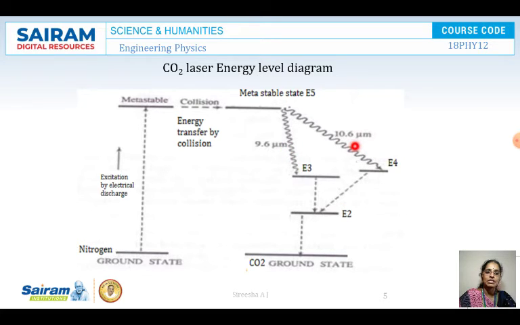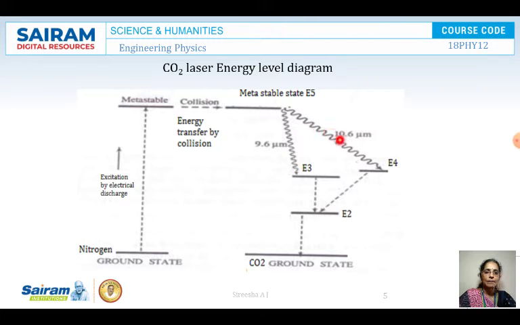Remember, stimulated emission only occurs in transitions from the metastable state to a lower energy state. Since E5 is a metastable state, the transition from E5 to E4 leads to 10.5 micrometers and the transition from E5 to E3 leads to 9.6 micrometers.